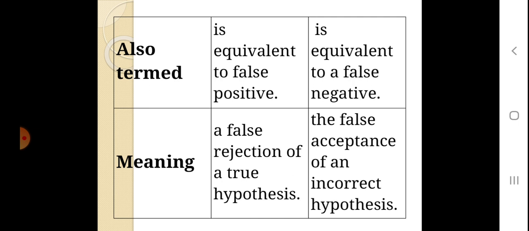A type 1 error is a false rejection of a true hypothesis, and type 2 error is the false acceptance of an incorrect hypothesis. And type 1 error is symbolized by the Greek letter alpha, but in case of type 2 error it is denoted by beta.